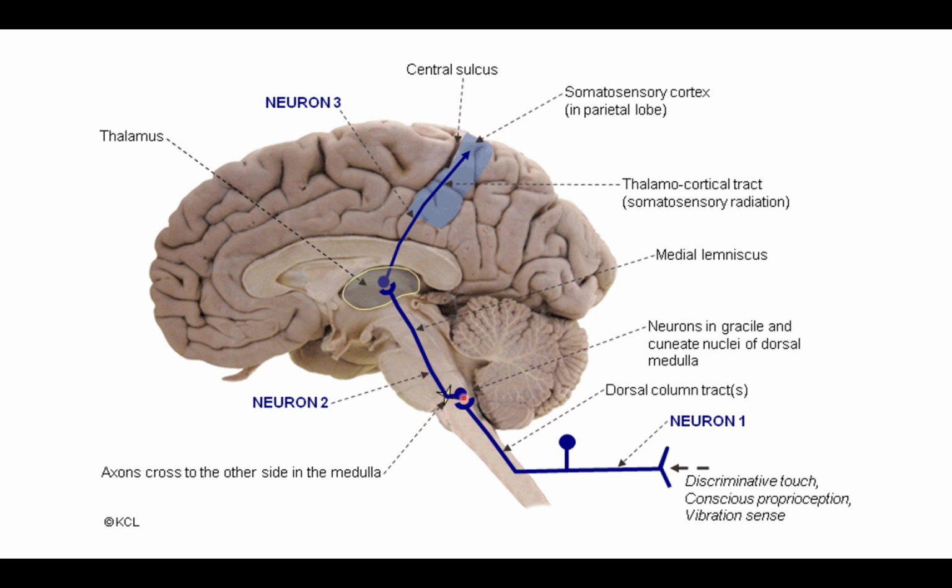Once the first order neuron synapses with the second order neuron in the medulla, it will decussate, which means that it will cross to the opposite side and then ascend upwards. Once it does that, it is known as the medial lemniscus.